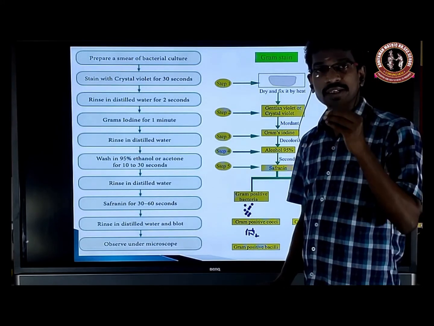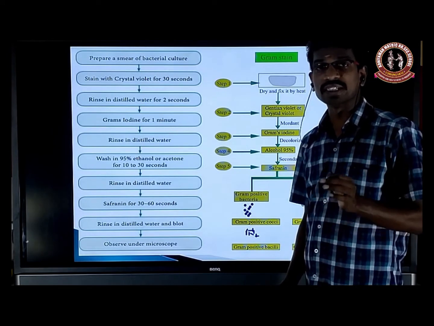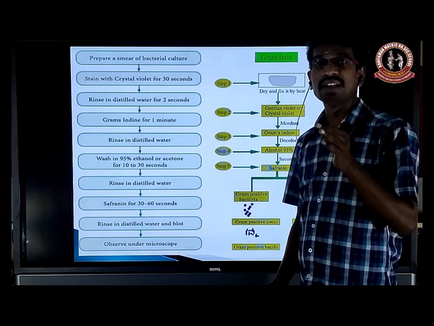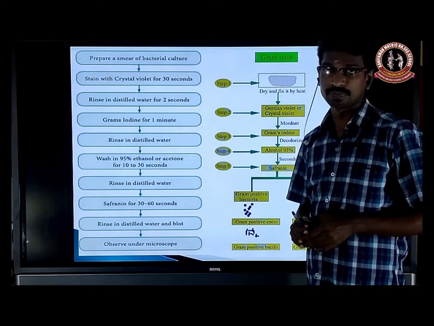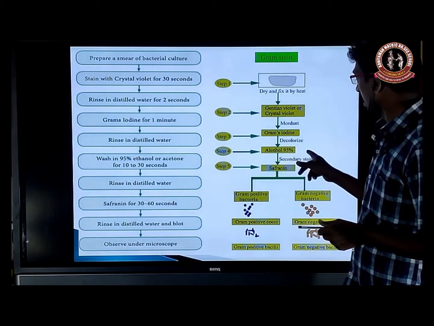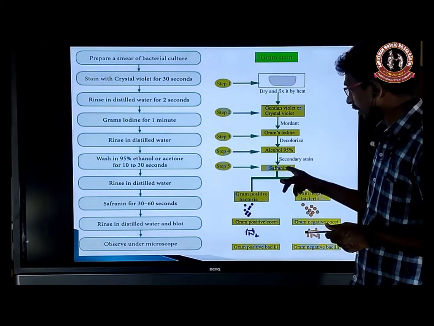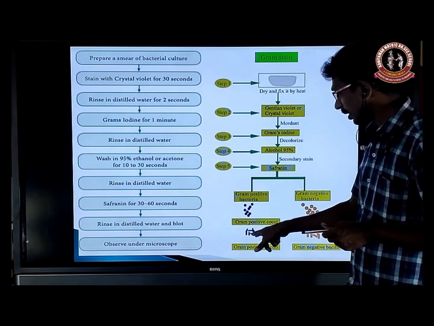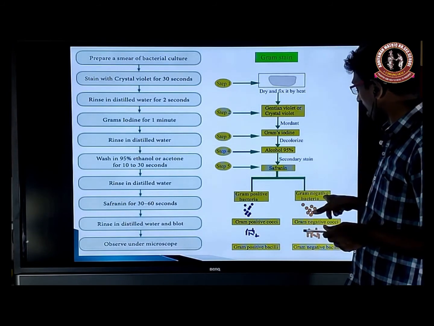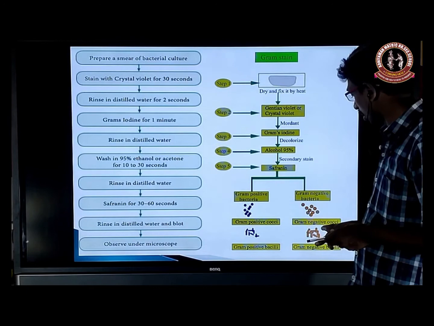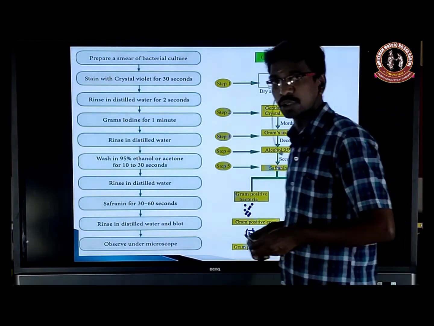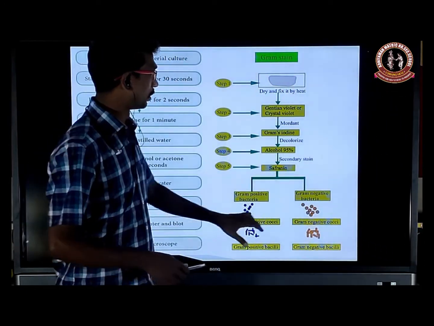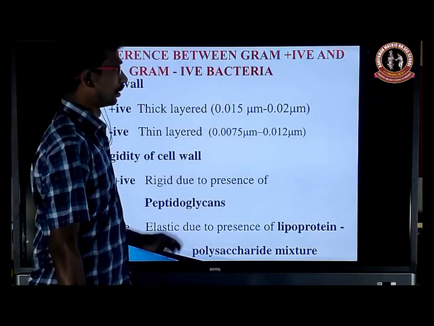Those bacteria that look red mean these bacteria are gram negative. Overall, after the secondary stain, that is safranin, if the bacteria retain the violet color, it means it is gram positive. If they do not retain the violet color and look red, it means it is gram negative bacteria. That is the gram staining procedure.